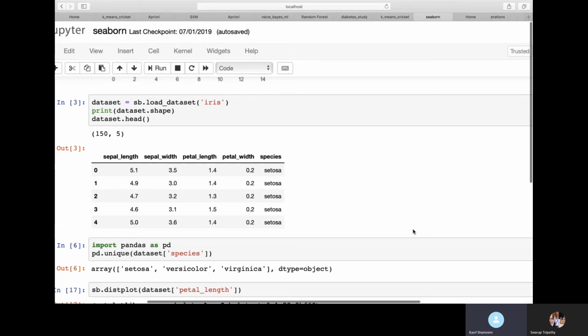Now next, I'm checking what are the unique values within my species.